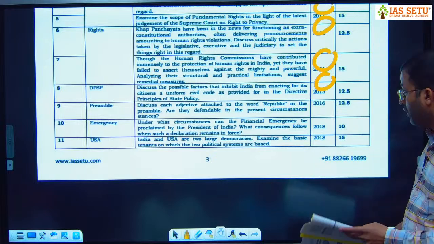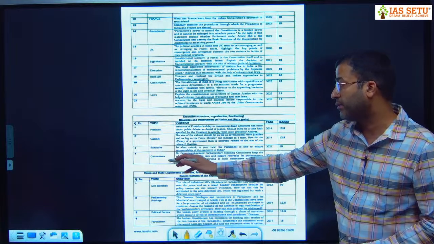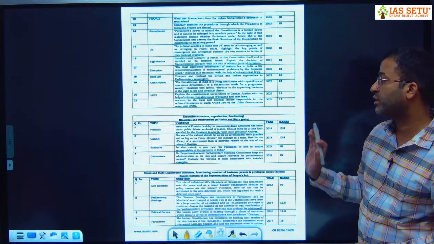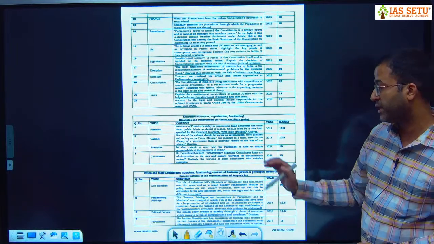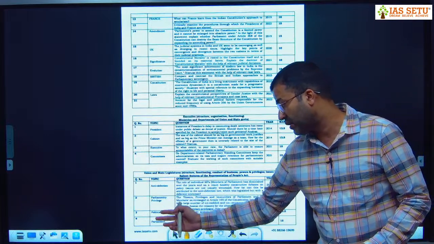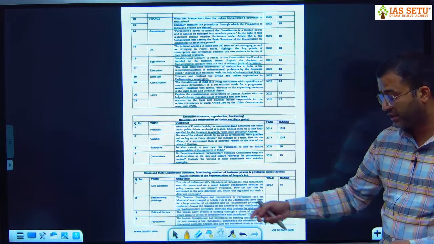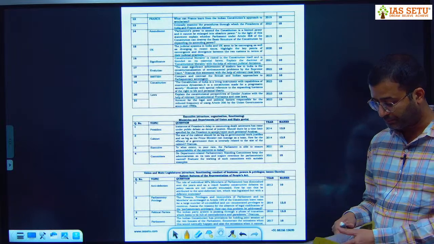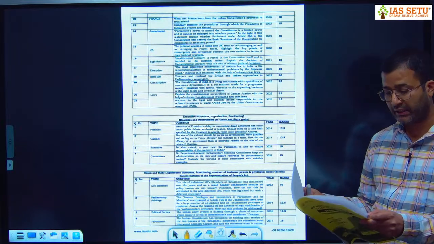Okay. Like here you can see president, cabinet. जब president पढ़ रहे होंगे, you just see what questions they have asked in the last 10 years on president. Anti-defection, parliamentary privilege, political parties, parliament. So we have given detailed analysis.